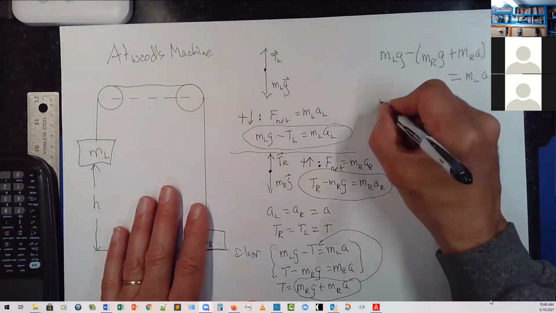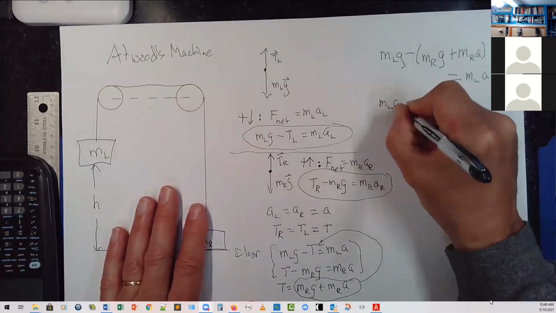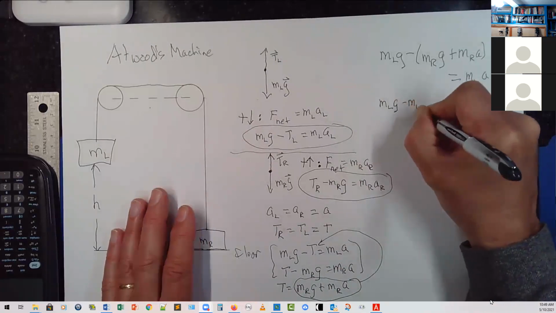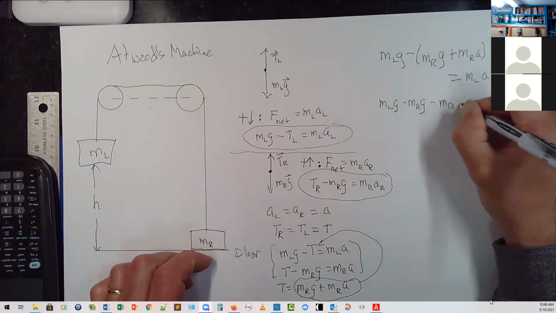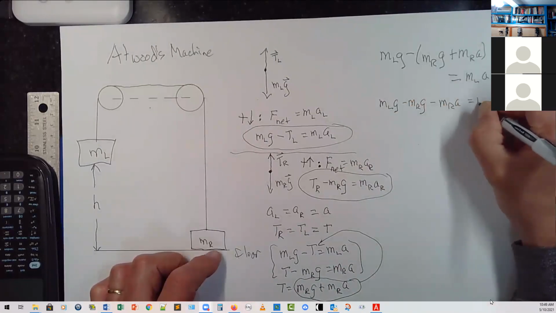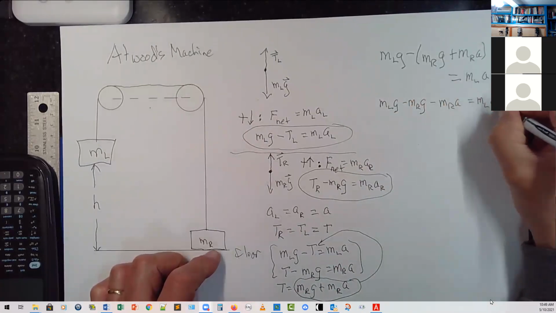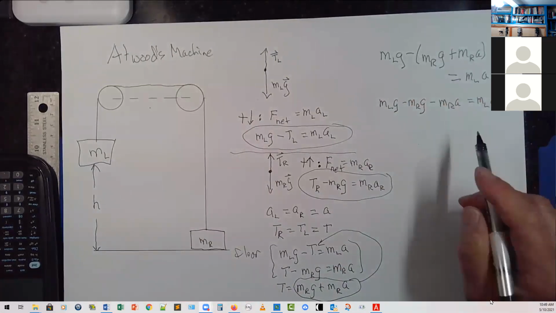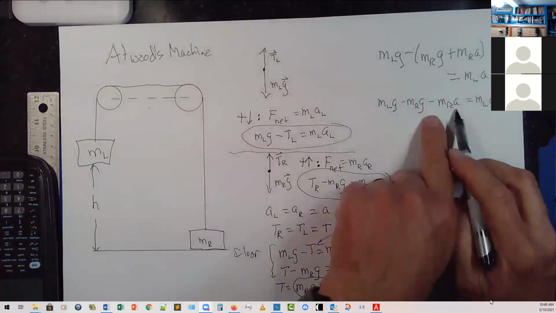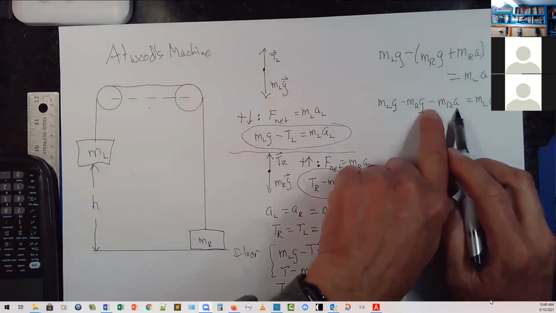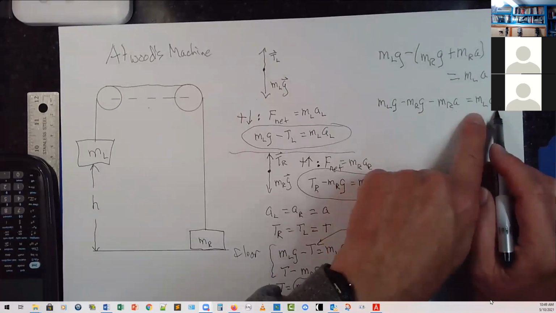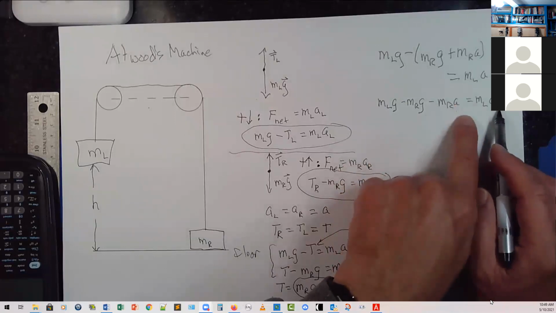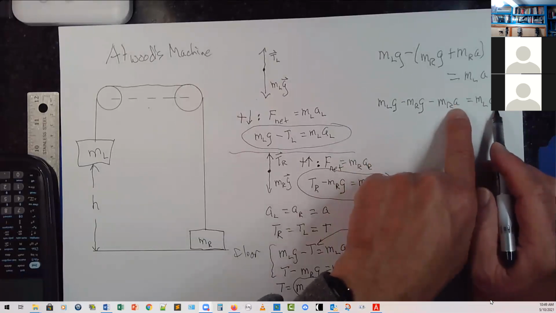Let's distribute the minus sign through. I'll have m sub L G minus m sub R G minus m sub R A equals m sub L A. And this is just algebra at this point, but I'll bring this term with the acceleration in it across because I want to have them on the same side so I can factor the A out, because it's the A that I'm after.